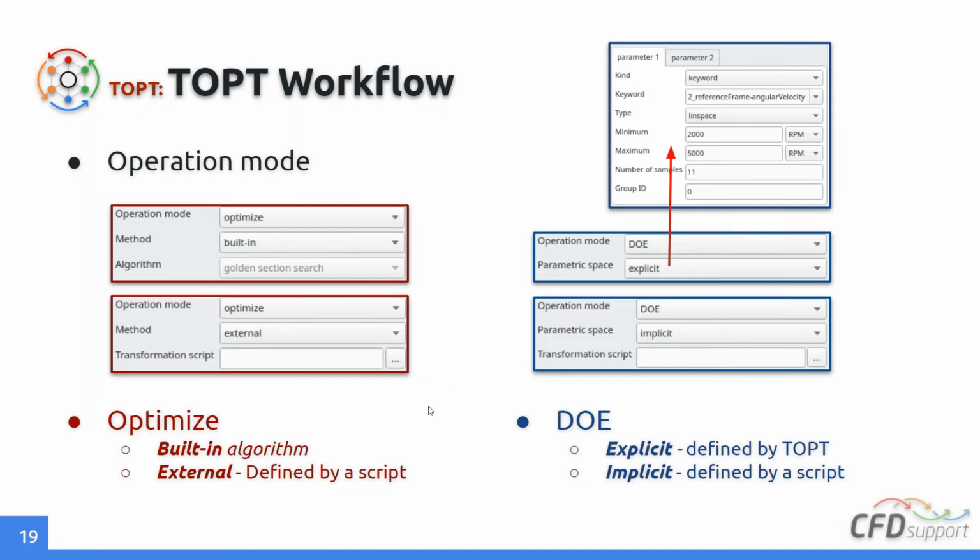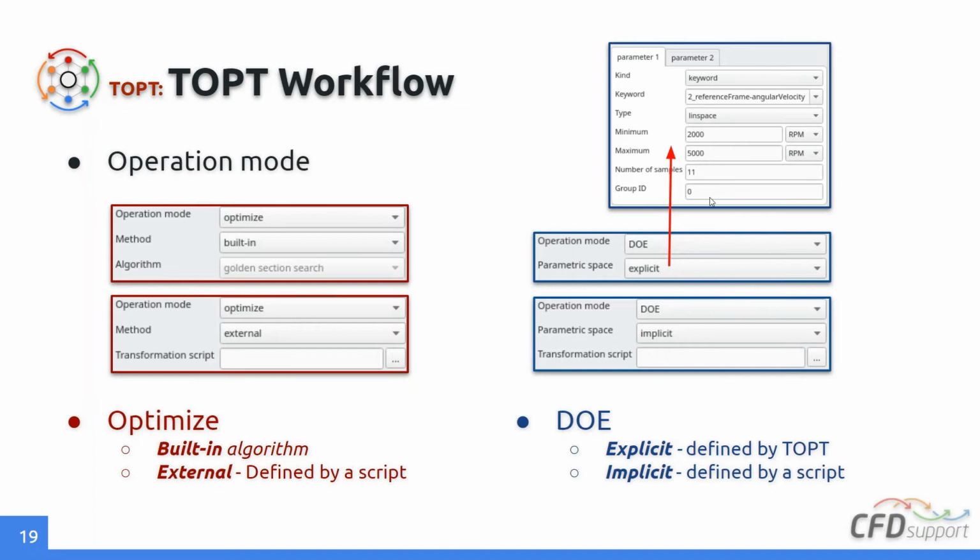It automatically looks for the best solution, a simple algorithm which is powerful for an optimization function which has, let's say, a global extreme or local extreme, which is nicely resolved by the first series of DOE simulations. And there is a method built in or external, so you can define a script which connects what you need.